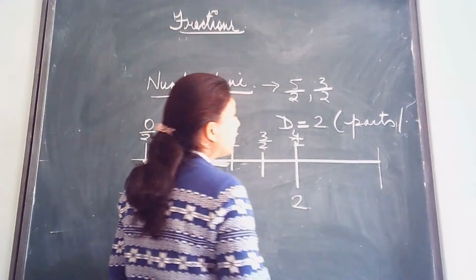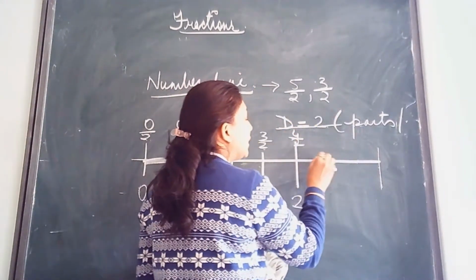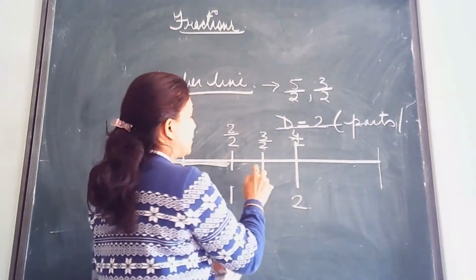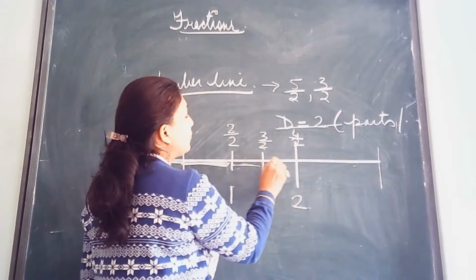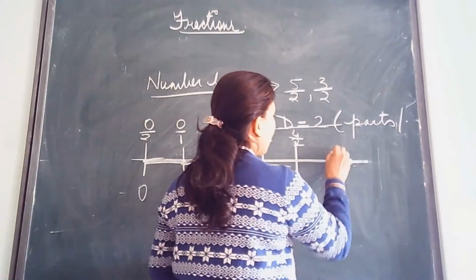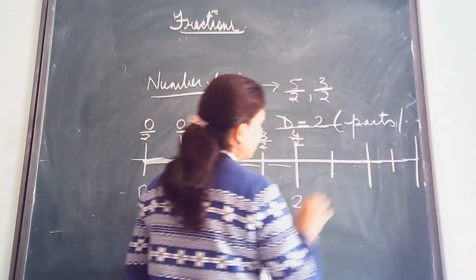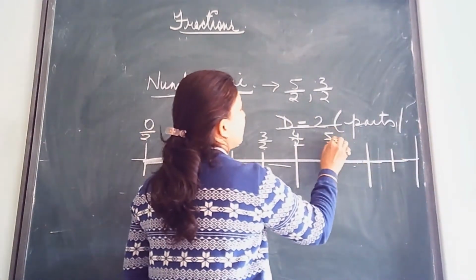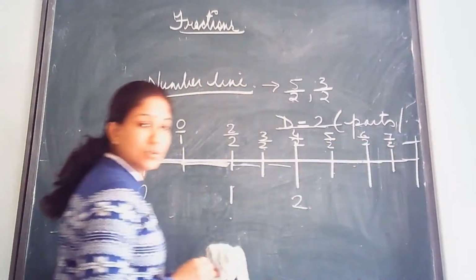Correct? Then again, because the denominator is 2, you will take two partitions, two sections between the next two whole numbers. Like 1 and 2, see, you have two sections. Same way here also, 1 and 2. So this will become 5 by 2, this will become 6 by 2, 7 by 2 and so on.